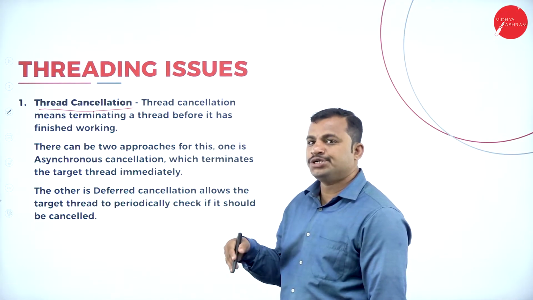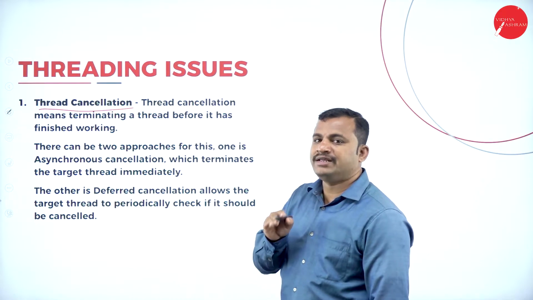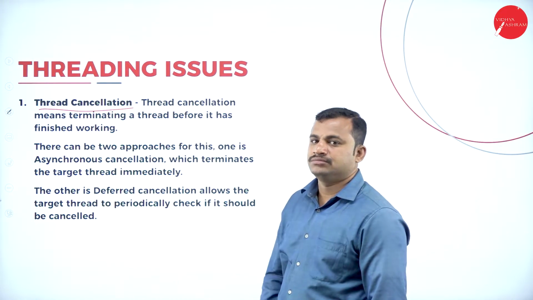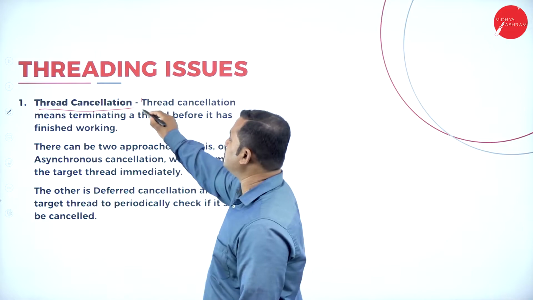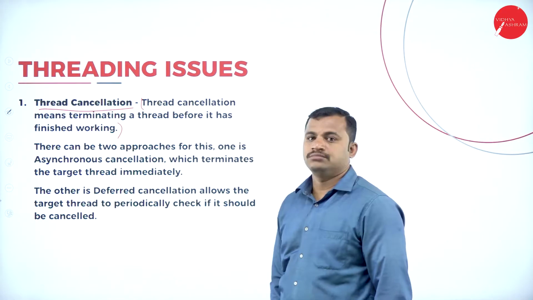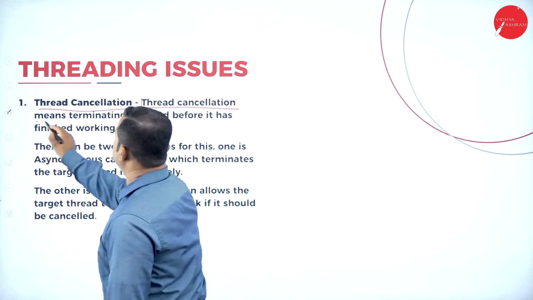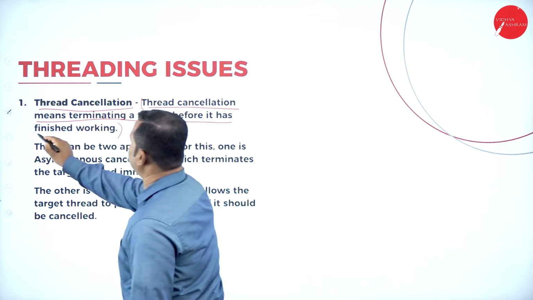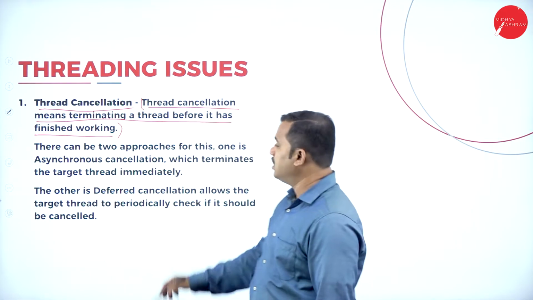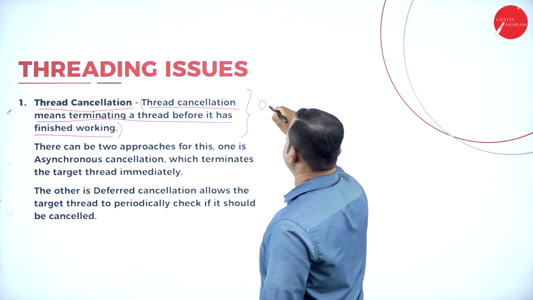During the execution of a process, when one of the threads is to be cancelled, that is also possible. In this case, thread cancellation means terminating a thread before it has finished work. That is called an abnormal termination.